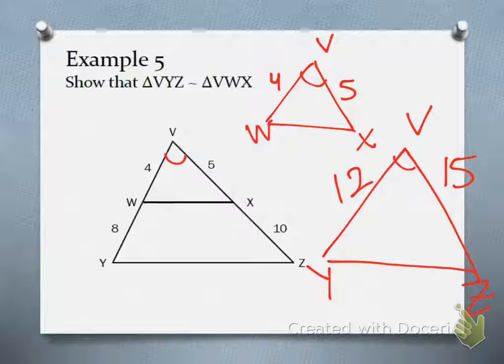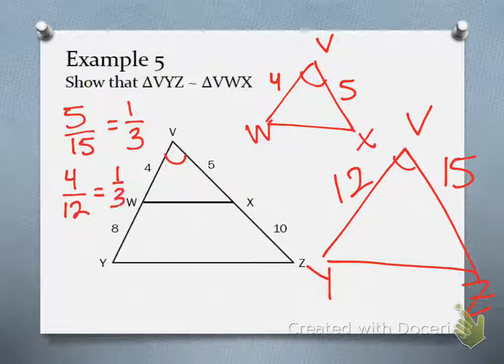Okay, so what's the longest side in our small triangle? 5. And we would compare that to what side in the other one? 15. That would simplify to give us 1/3. What's the other side length from our small one? 4 over 12 simplifies to 1/3.